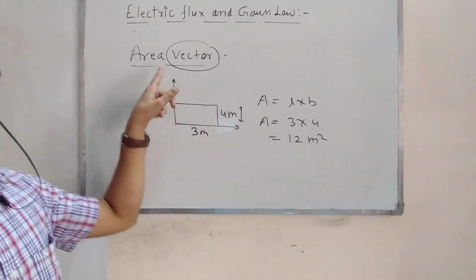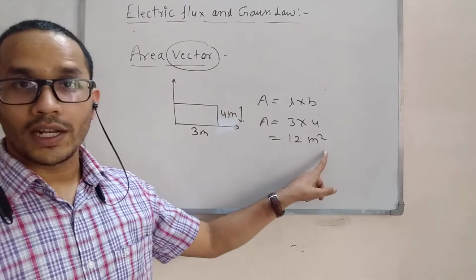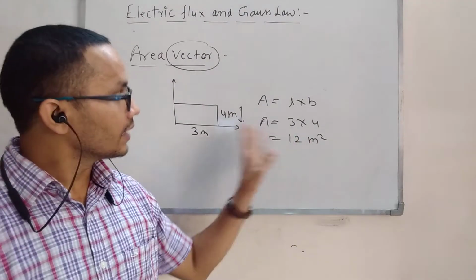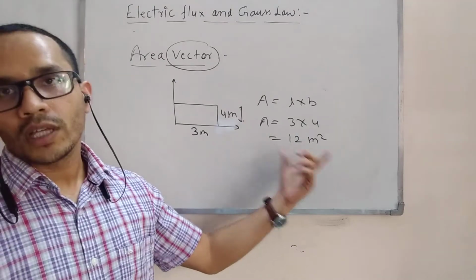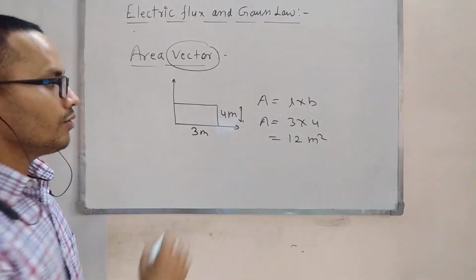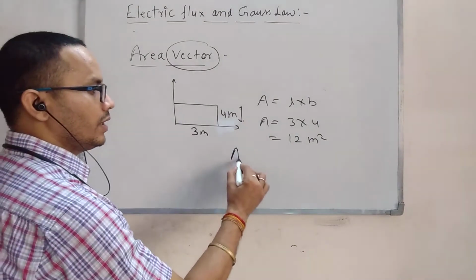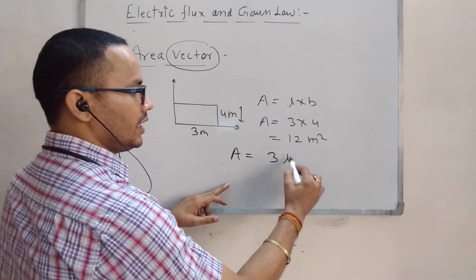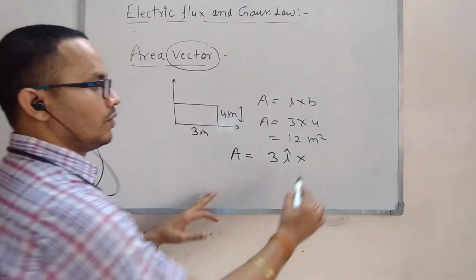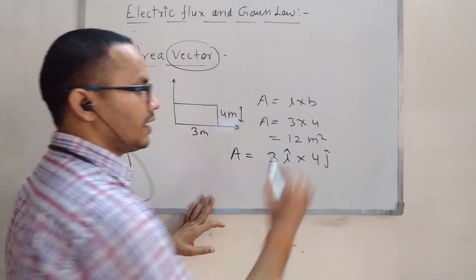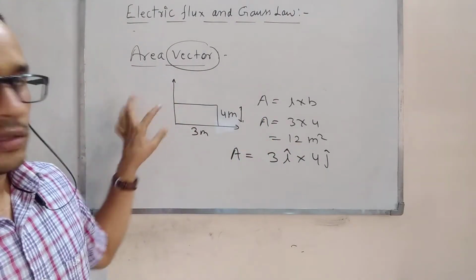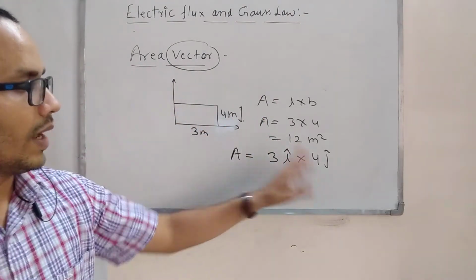And I am saying area is a vector. Then what is the direction? Because if any quantity is a vector quantity, then it must have some direction. The actual right way of calculating this is 3 i cap into 4 j cap, where i cap is the unit vector along the x-axis and j cap is along the y-axis.